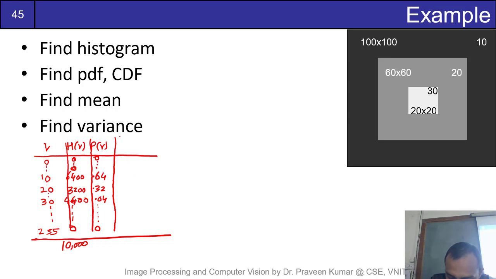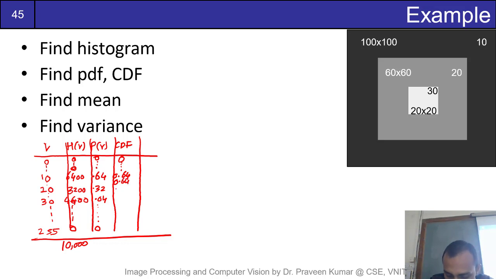What about the CDF, or the cumulative distribution function? CDF is the cumulative distribution, so you just have to integrate from 0 up to that intensity value. So here it will all be zeros. We are going to use this CDF function later on. So it will be 0.64, and intermediate values it will all be 0.64.